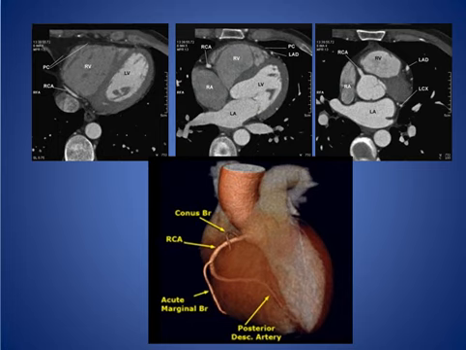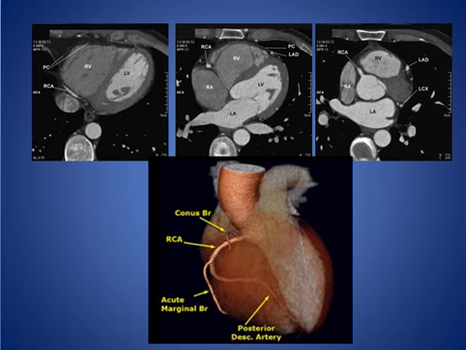In 50% to 60%, the first branch of the right coronary artery is called the small conus branch, as we see here, and it supplies the right ventricle outflow. In about 20 to 30%, the conus branch may arise directly from the aorta.